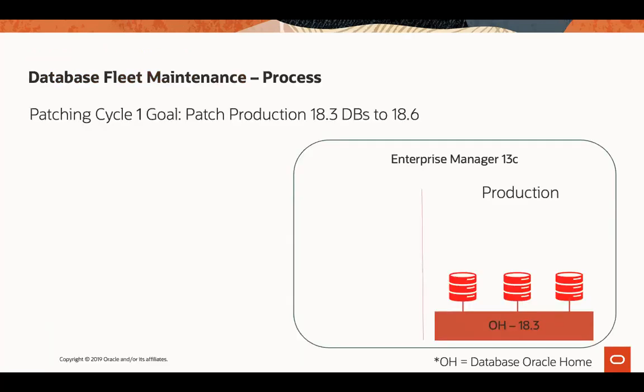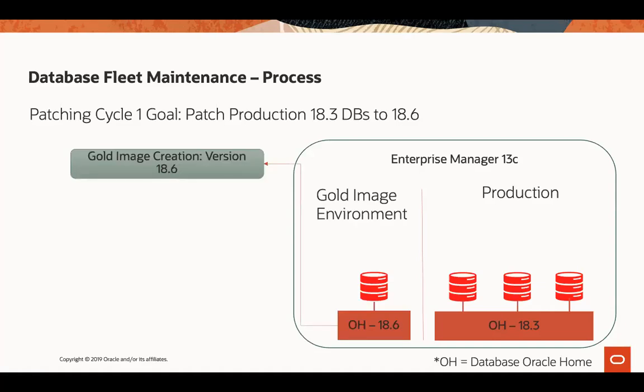So let me give you a little animation of that process just to show you how that works. In this example, we're looking at 3 18.3 databases, and we'd like to patch them to 18.6. You can see those 3 Oracle databases share a 18.3 Oracle home. What we would do first is create a gold image for this environment. So we would create the 18.6 gold image.